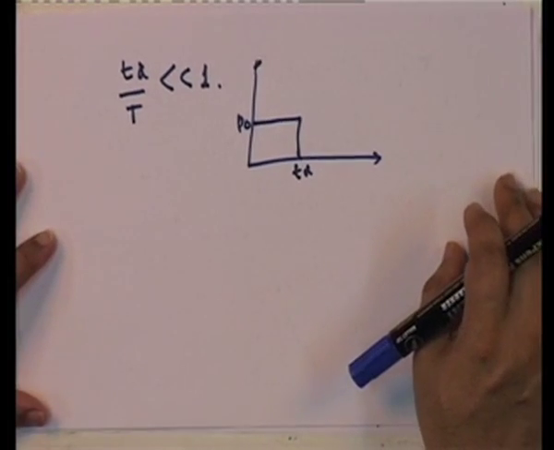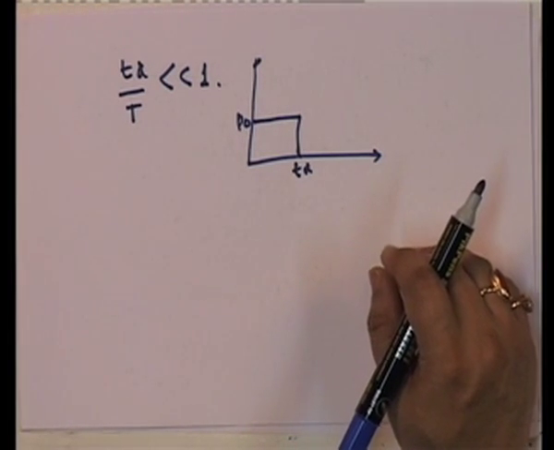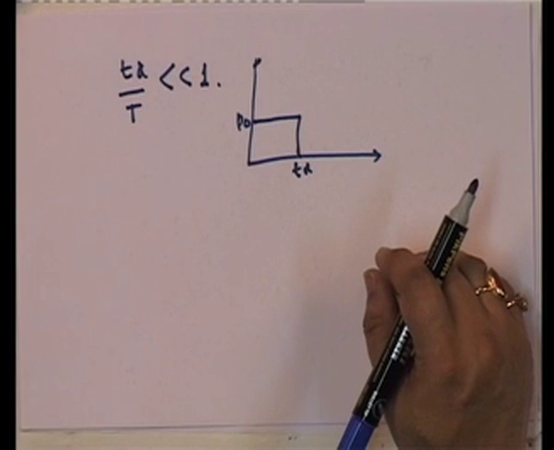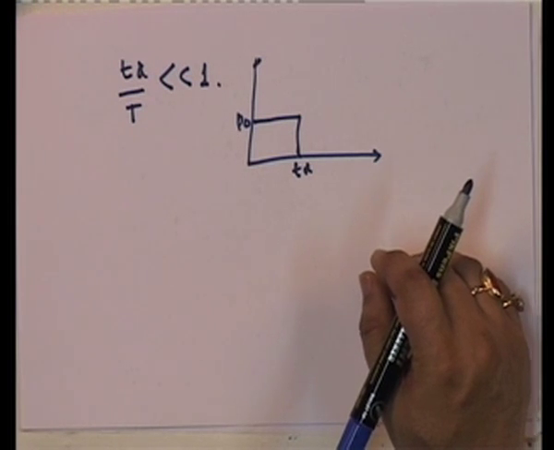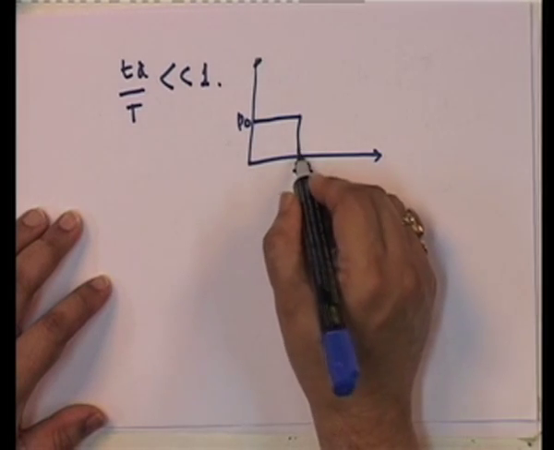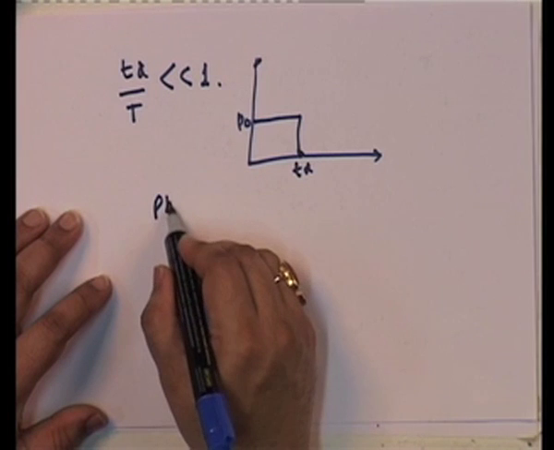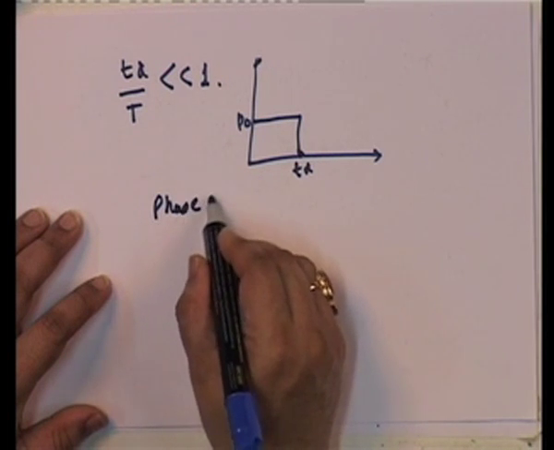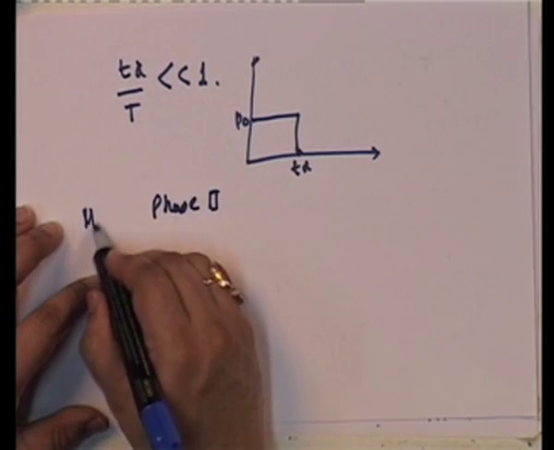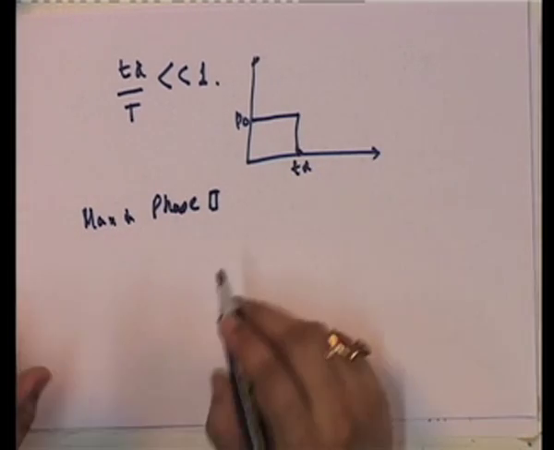So, let us look back at our response of the rectangular pulse. What did we get? Note that if Td by t is very much less than 1, the max will always be in phase 2, because it can never get a chance to rise.